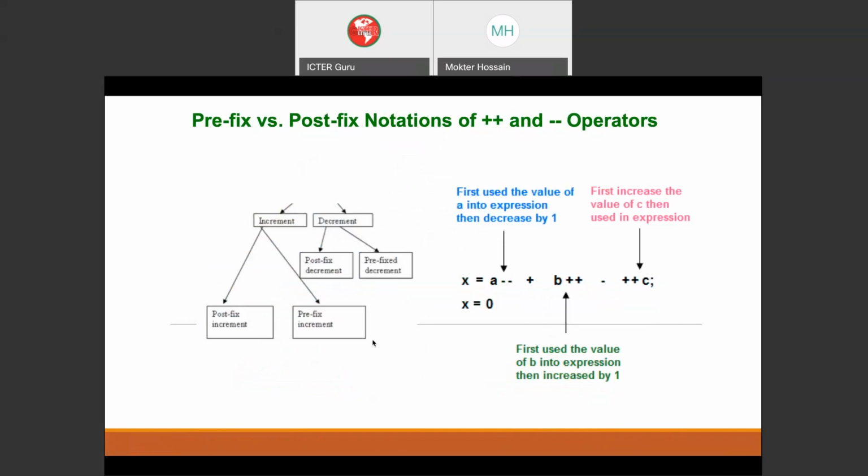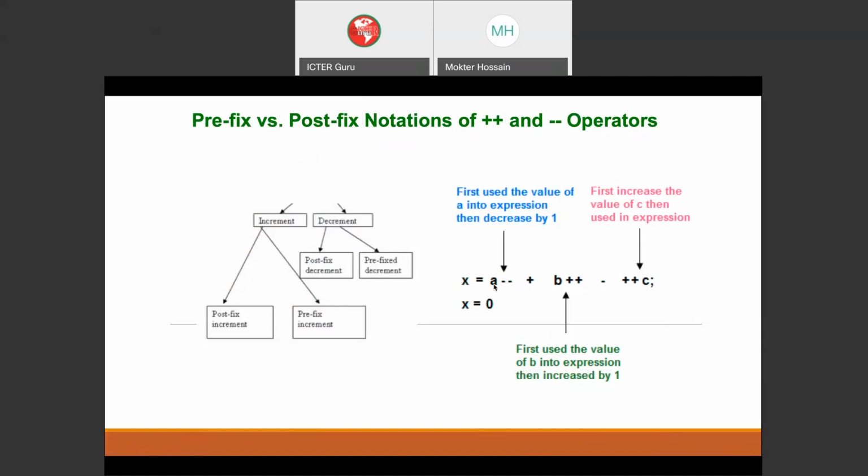So whatever we have learned so far, for instance, the plus plus operator or minus minus operator, these two operators have two notations. One is called prefix notation, another is called postfix notation. For prefix notation, the operator belongs before the operand.